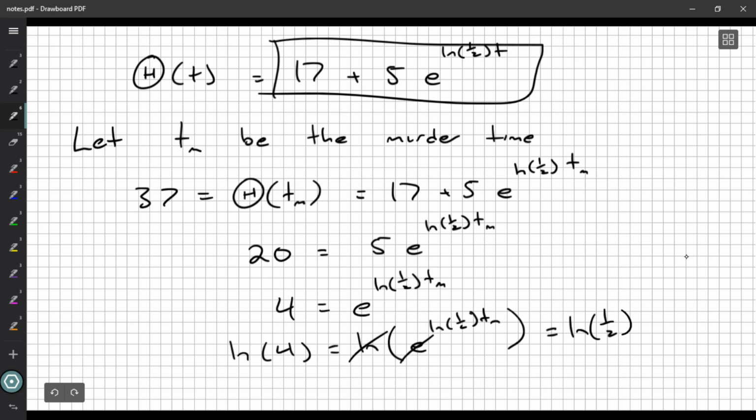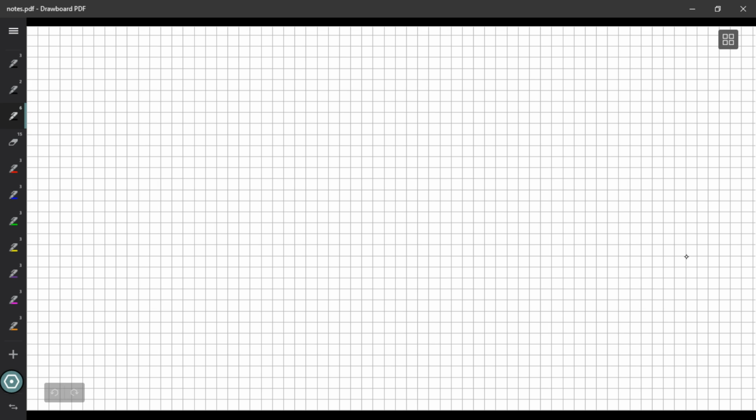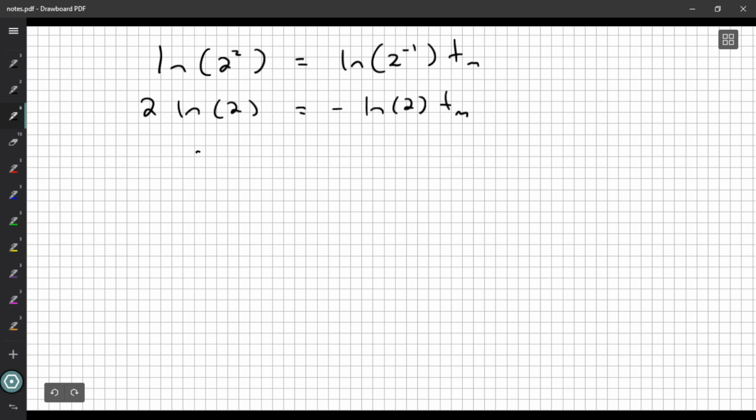So we're left with ln 1/2 times Tm is equal to ln 4. Now 1/2 and 4, I notice both of these are powers of 2, so we can rewrite everything in terms of ln 2. Divide by ln 2 on both sides. So 2 is equal to negative Tm. Or Tm is minus 2.